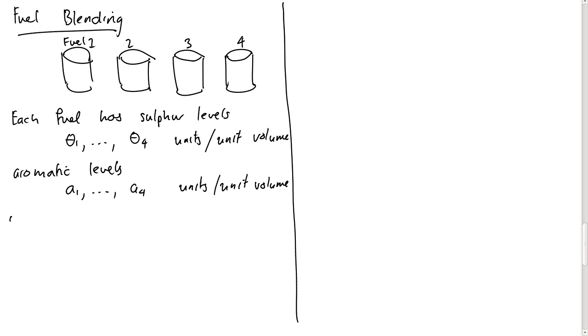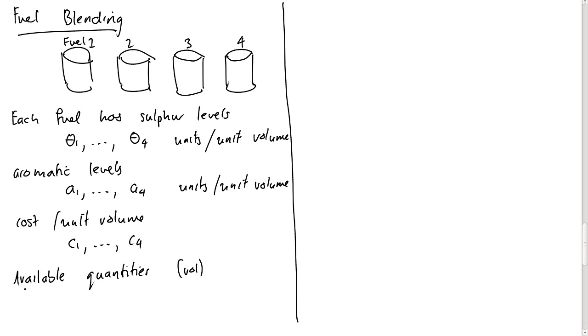We have a cost per unit volume of C1 through to C4, and available quantities need to be volume units of Q1 through to Q4.